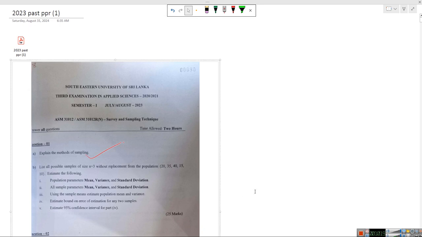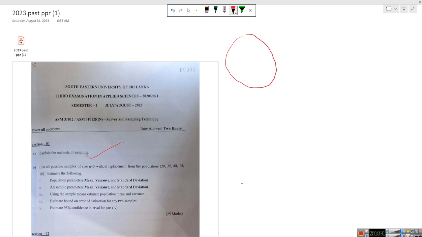So this population contains 5 entries, and they are going to draw a sample of size 3. So in the population we have 20, 35, 40, 15 and 10, and from here we are going to draw a sample of size n is equal to 3.